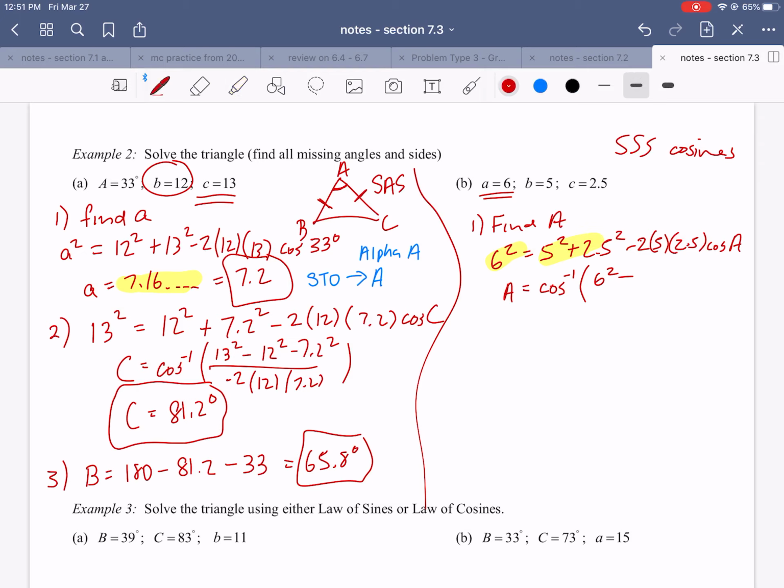So that would be minus 5 squared minus 2.5 squared, and then divided by my negative 2 times 5 times my 2.5.